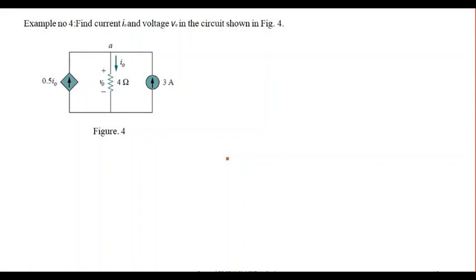So we'll consider another problem here. It is asked to find the current I0 and V0. So two unknown terms are there, but if you study the circuit here, how many current sources do we have? We have three current sources, right?